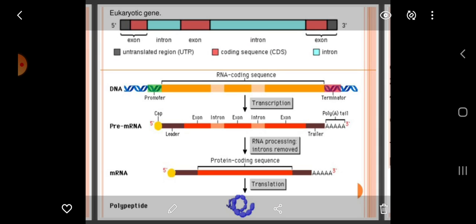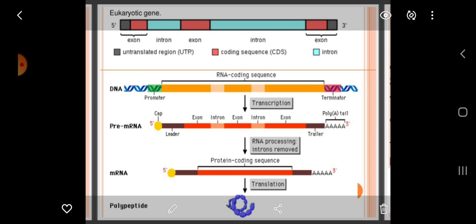Then you have the pink colored sequence of the DNA, which is actually the terminator. Now this DNA is transcribed to the mRNA, and in the case of a eukaryotic gene, it is a pre-mRNA.